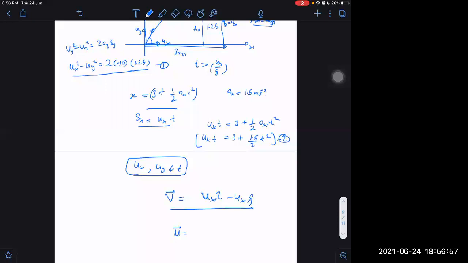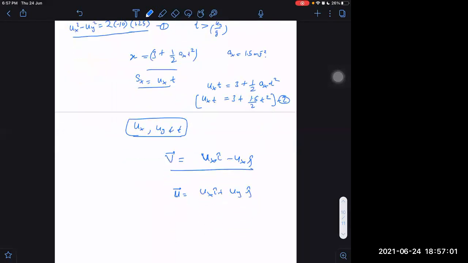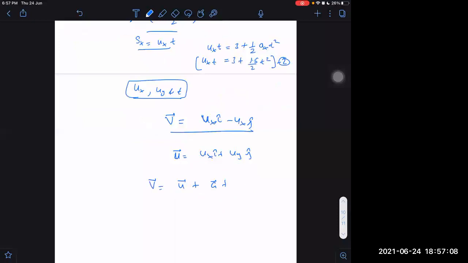Yes, sir. The initial velocity is ux i cap plus uy j cap. And we have this equation also, that v is equal to u plus at. A is minus 10 here. So actually I don't have to write for the total, ux will be the same only, that is understood. And I have to just take along the y-axis. So I will write the final velocity along y and the initial velocity along y.